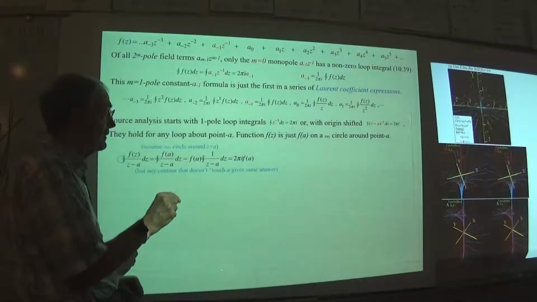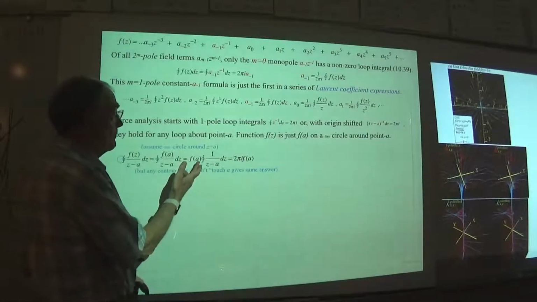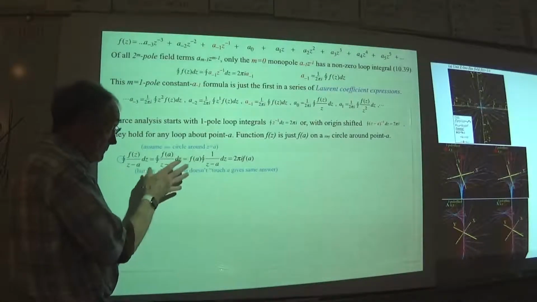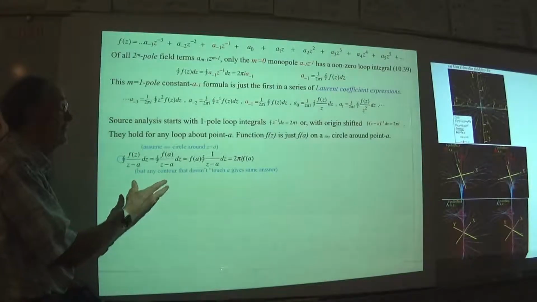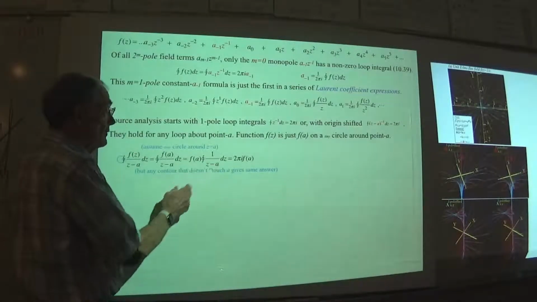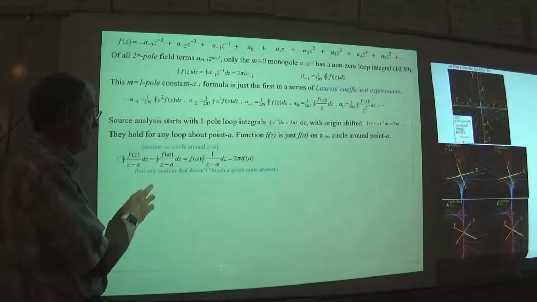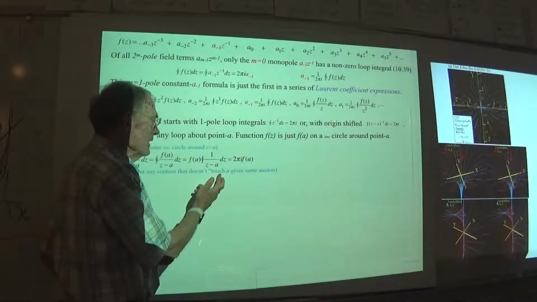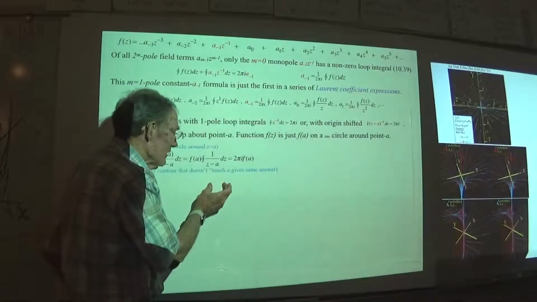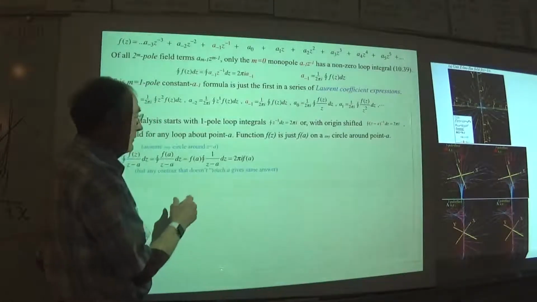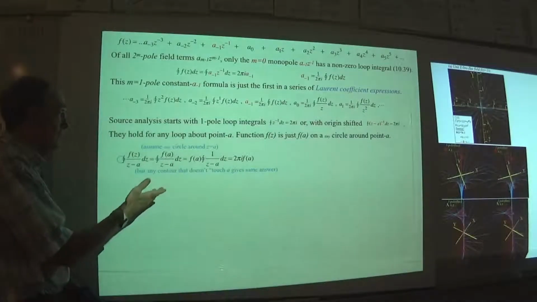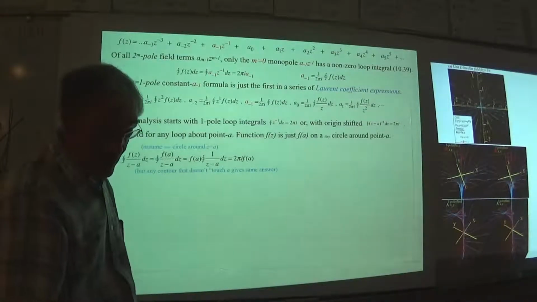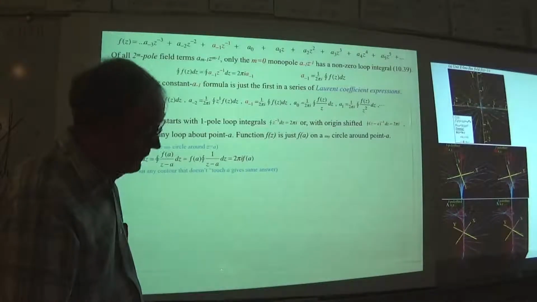It can be a ragged thing, it doesn't matter. It's independent, since if there are no other poles in the neighborhood, this is an exact expression. So any contour that doesn't touch A gives the same answer. So we just write it as a general contour that's surrounding that singularity and not any other.